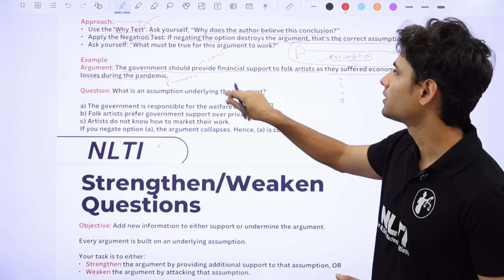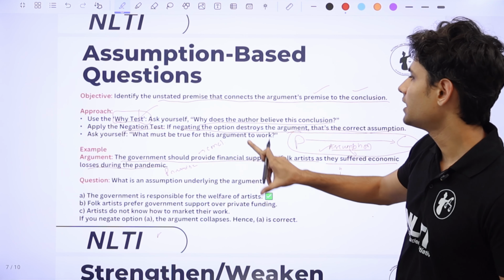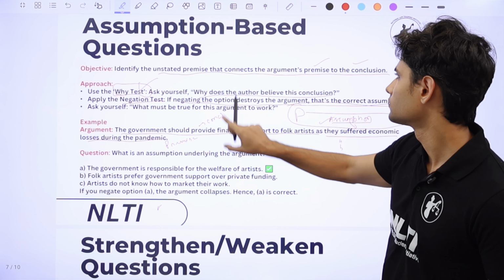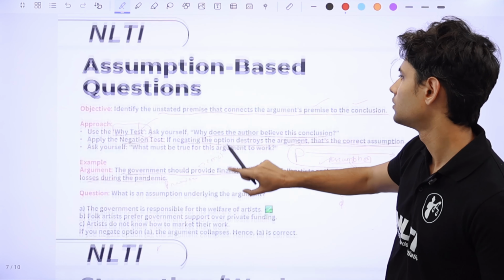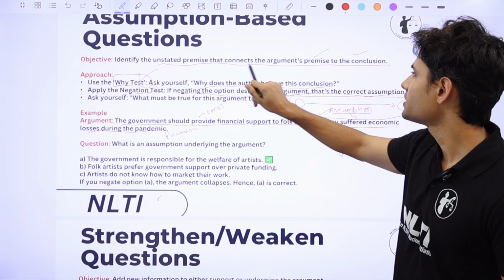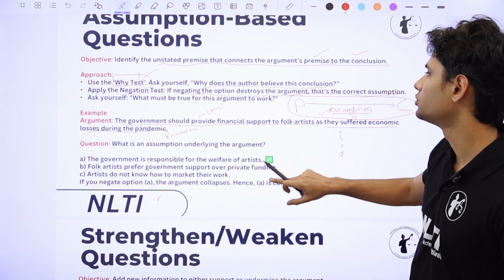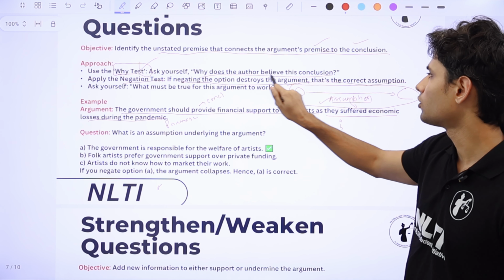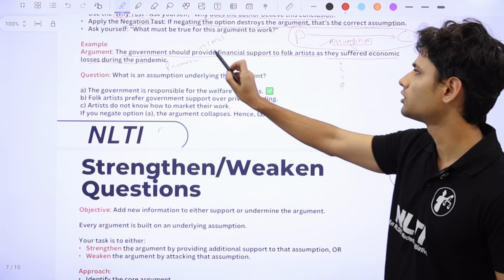So, as I said, the way to identify is that, just a moment, we have to identify the unstated premise that connects the author's premise to the conclusion. And the why test which we used here says: why does the author believe this conclusion?